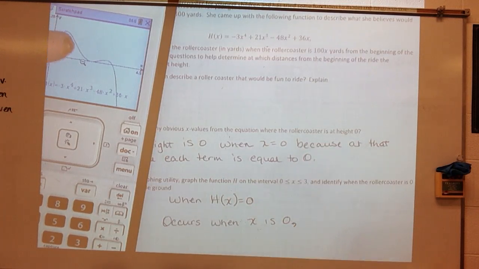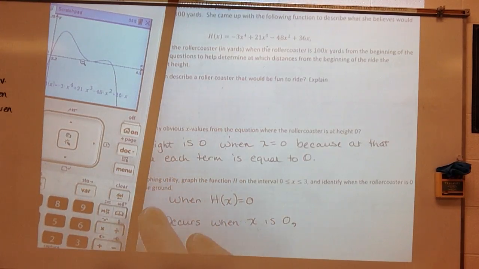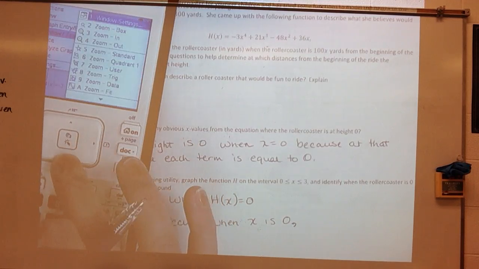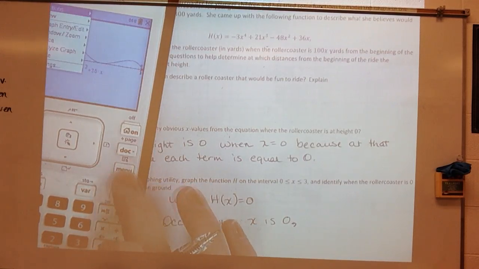Then I'm going to come over here, and let me zoom in just a little bit. And then I can do a trace.